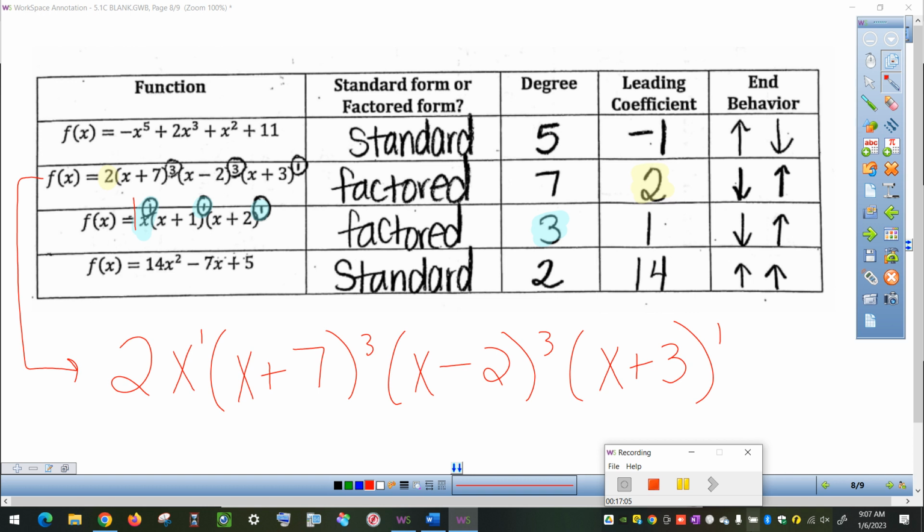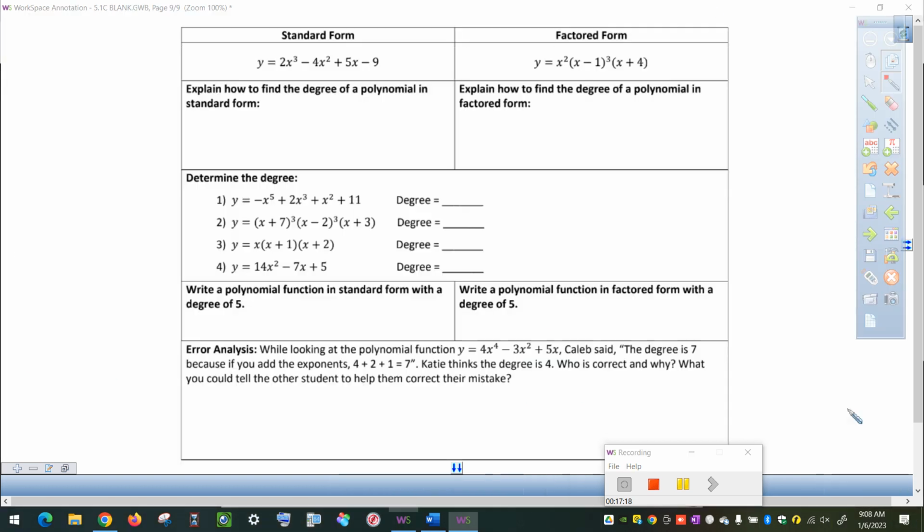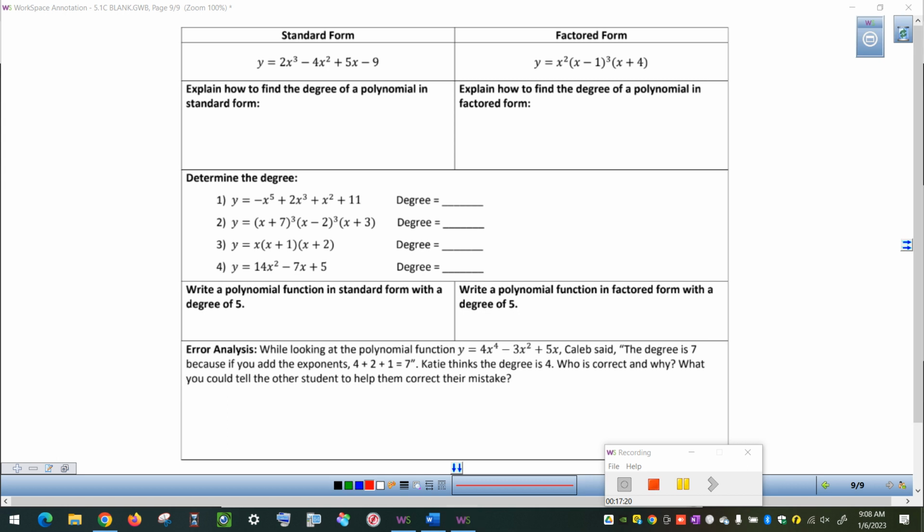So what we're going to finish with, if you turn your paper over to the next slide, is one last practice section directly comparing the differences between standard form and factored form. We're not focusing on end behavior for this section as much as we're just focusing on degree, because degree is a tool that eventually helps us get end behavior.